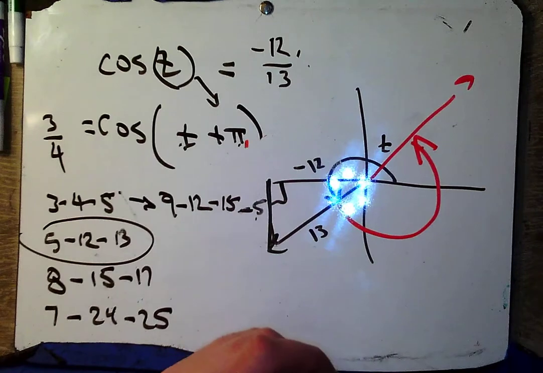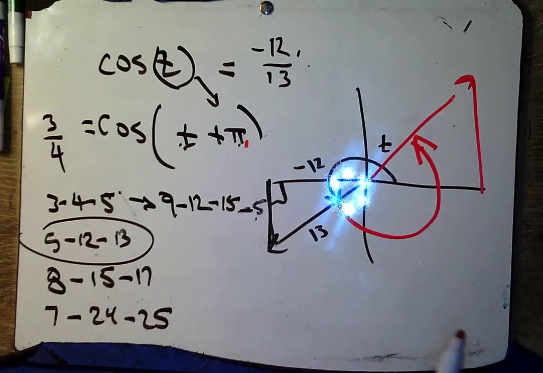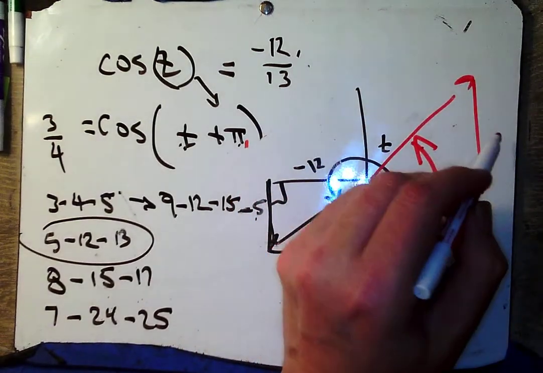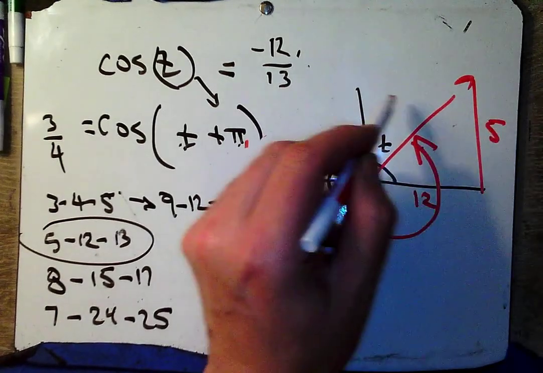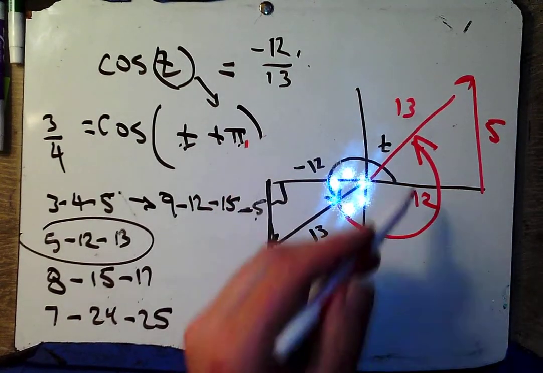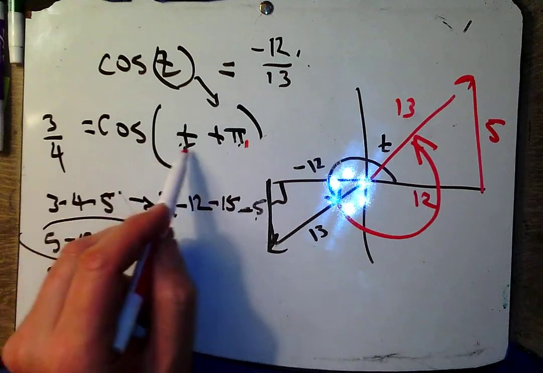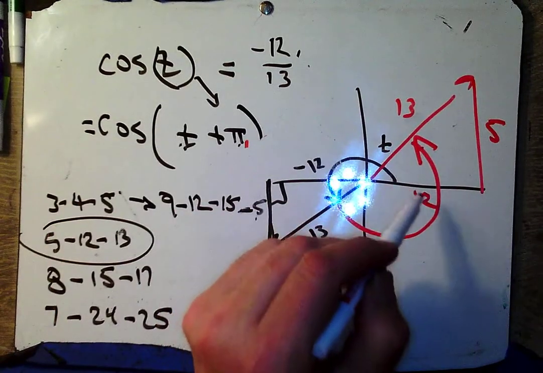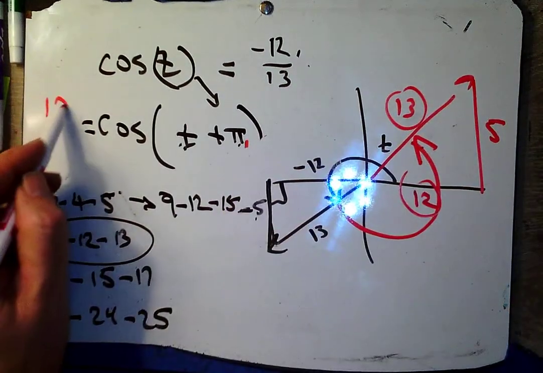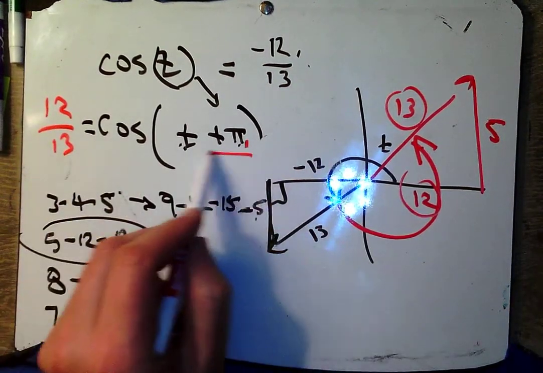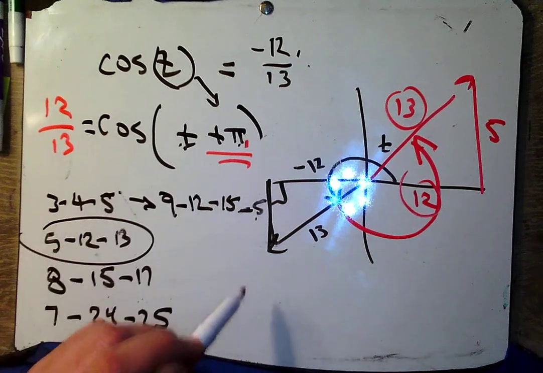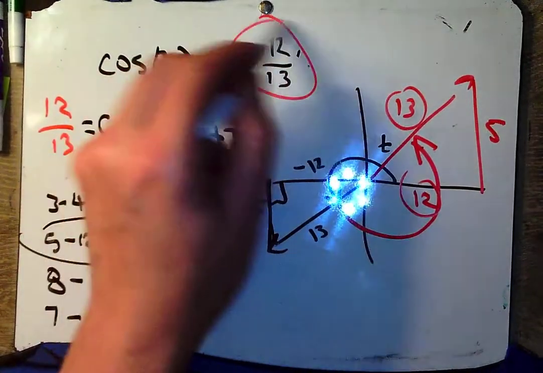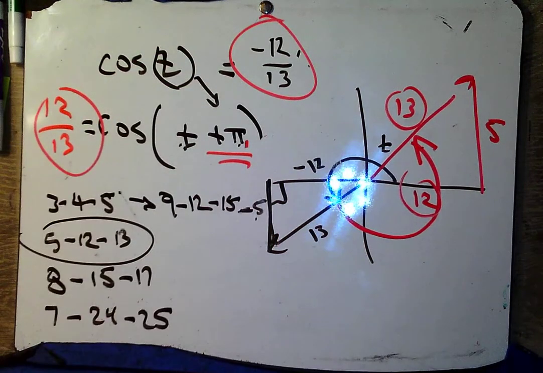What can we say about the cosine here? Well, this is 12, and this is 5, and this is 13. And the cosine of t plus pi is going to be positive 12 over 13. And so I know when I go halfway around with cosine, my answers are opposites.